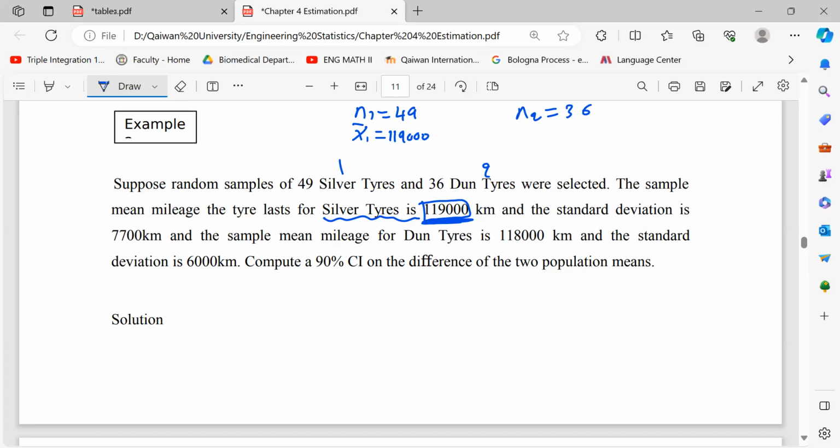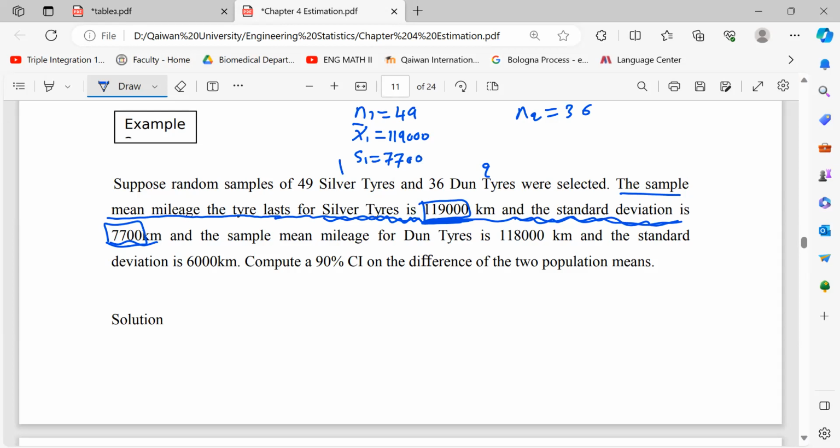And for the second, look. The standard deviation is 7,700, so it's S1. These two say the sample mean mileage the tire lasts for silver tires is this one, and the standard deviation is this one. So these two are both for the first type. Now S1 is 7,700.